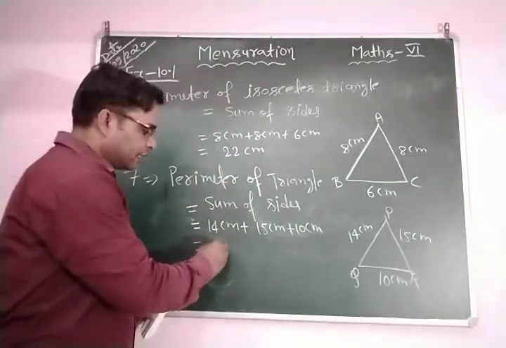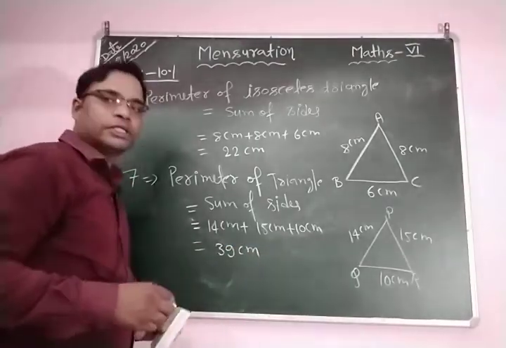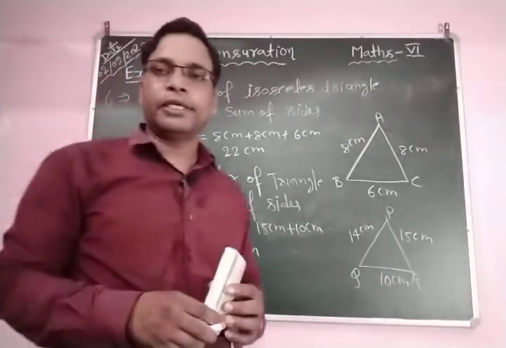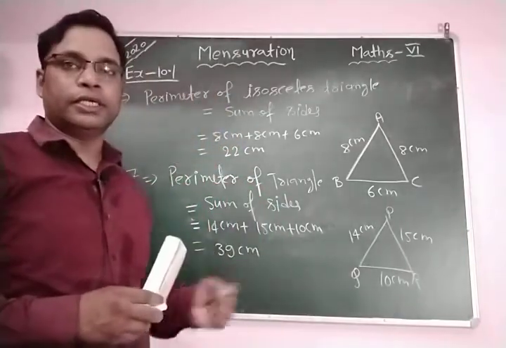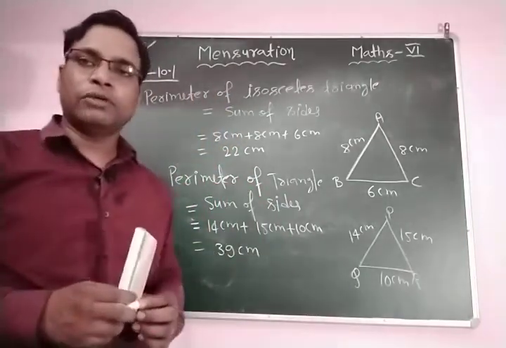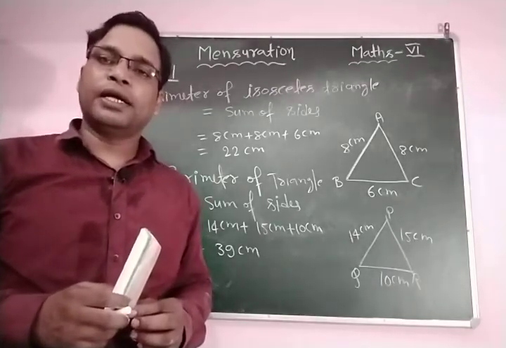So in this way we find the perimeter of the given triangle whose sides are 14 centimeters, 15 centimeters and 10 centimeters: it is 39 centimeters. Students, I hope all of you understood how to find the perimeter of any triangle.